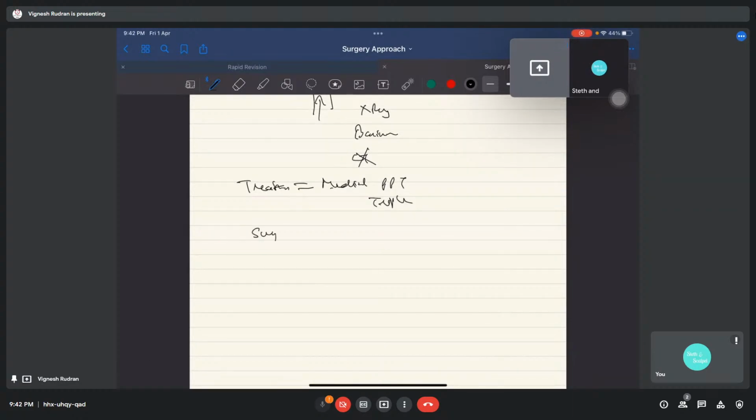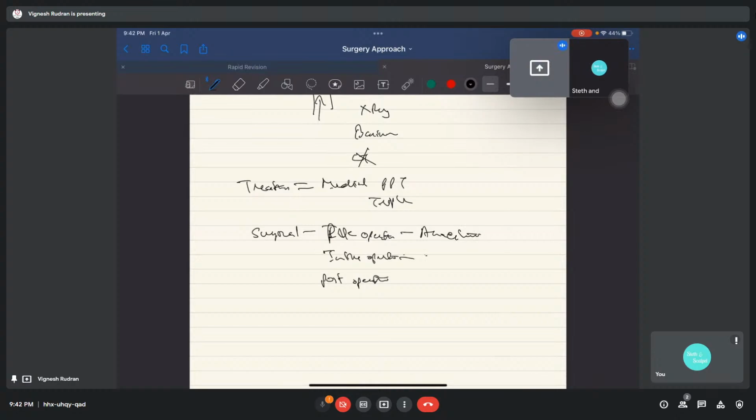Surgical, you need to mention pre-operative, intraoperative, and post-operative. Pre-operative is your anesthesia component.